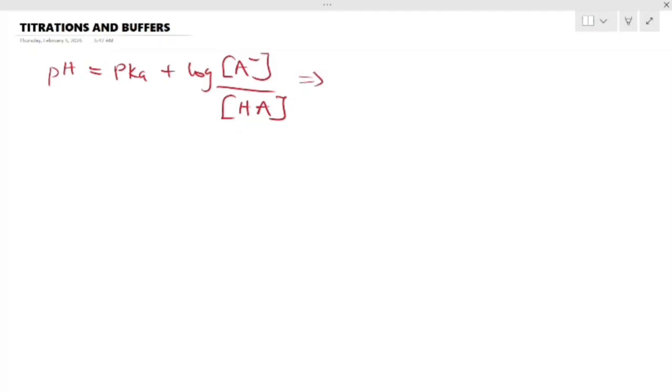So I'll just quickly state that down so that you do not forget. This is very key.